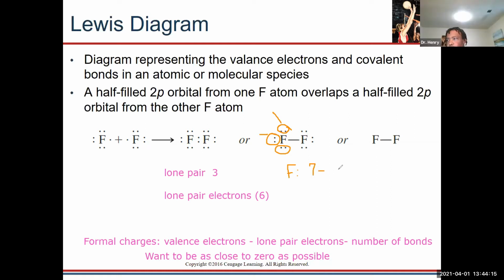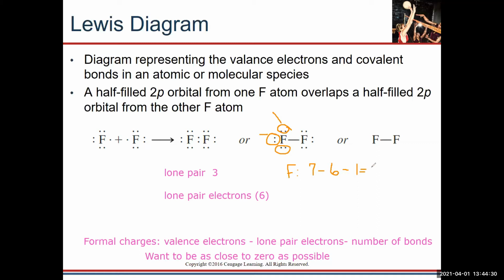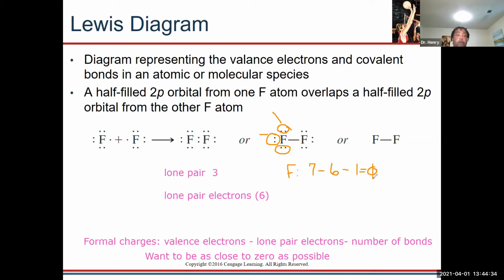How many lone pair electrons? 6. How many bonds? 1. Okay. So 7 minus 6 minus 1 is 0. Okay, so it's 0. That means this is a good bond. It's a stable bond.